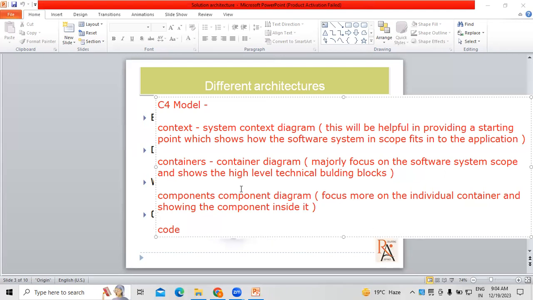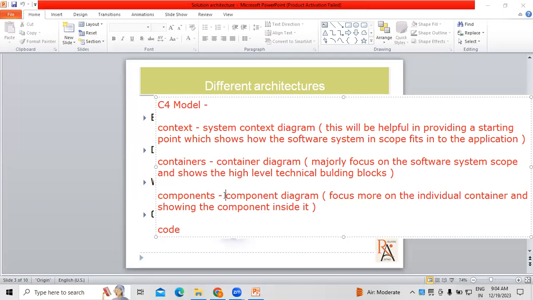Means whatever components we are using, right? So different components in terms of the services, whatever we are using. So generally, the component diagram is majorly focused on the individual containers, where we show the components inside, right? So all these things come under the component diagram.